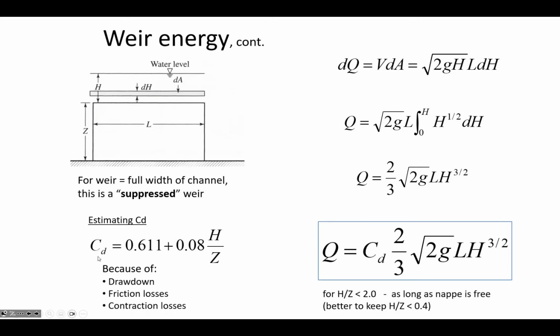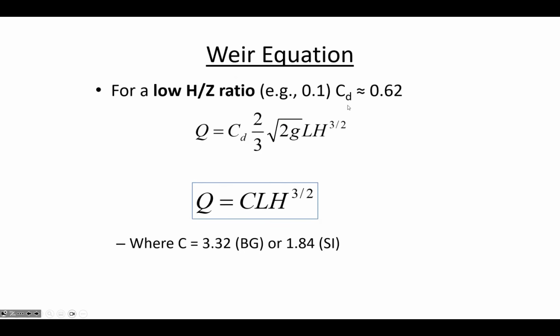If you're estimating the discharge coefficient based on the ratio of how high the water level is to the height of the weir, ordinarily we wouldn't have a really big H relative to Z. So for typical values of a relatively small H compared to Z, then the typical discharge coefficient under most conditions is about 0.62. So if you combine all of those coefficients together, then the weir equation would have a prefix coefficient of 3.32 for traditional units or 1.84 for SI.